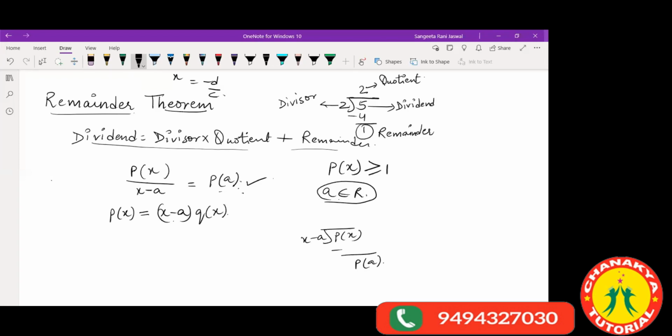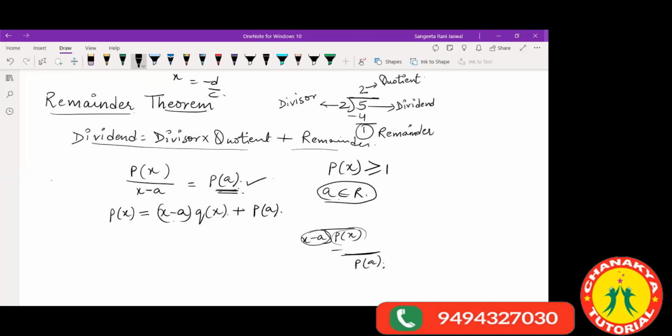Quotient, some quotient here, and this is the remainder which we are asked. So this equation is written like this. Okay, understood? p(x) is some polynomial divided by another polynomial x minus a, and we get the remainder p(a). This is the statement of remainder theorem.